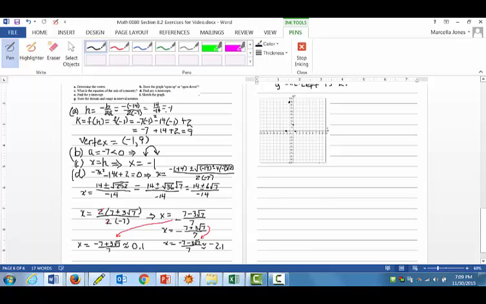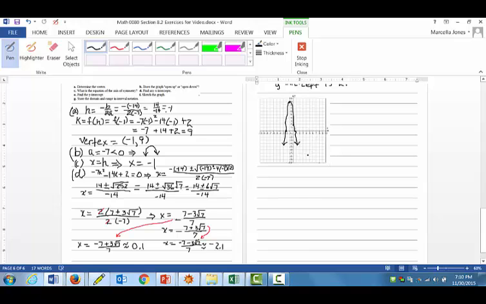My y-intercept is 2. So the graph very roughly looks like this. And, of course, those are nice and smooth. I'm having trouble with this electronic pen drawing that.